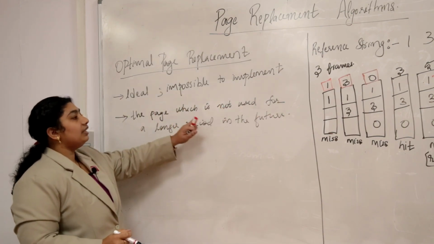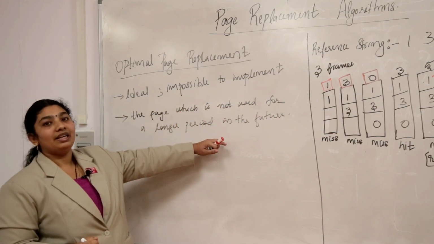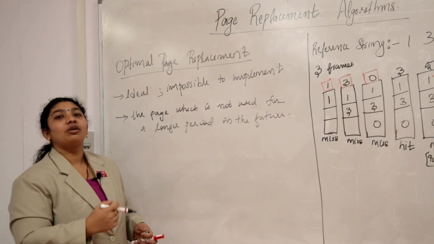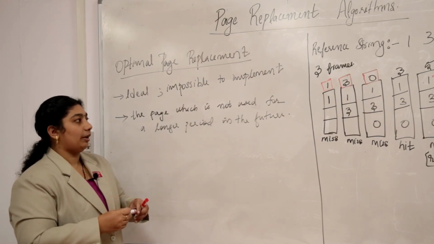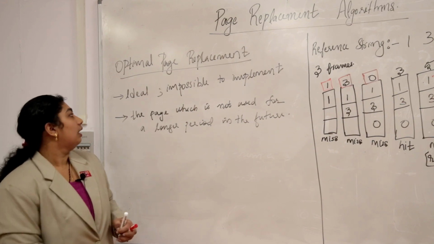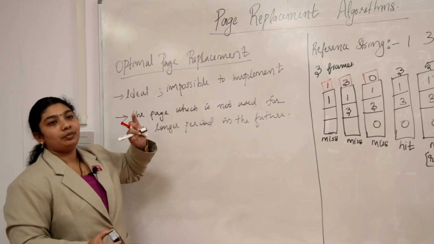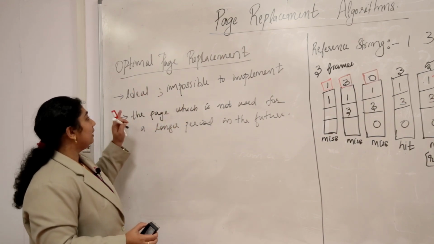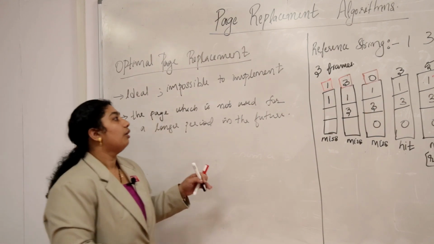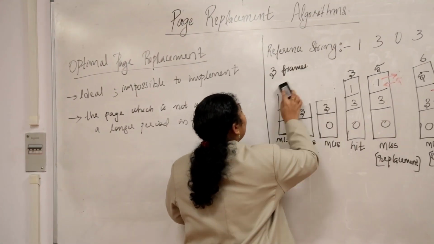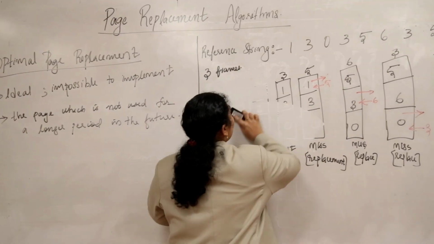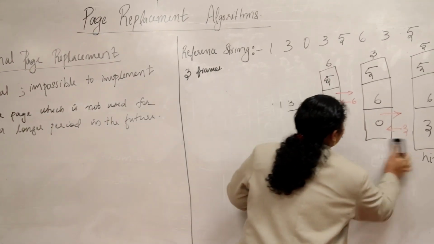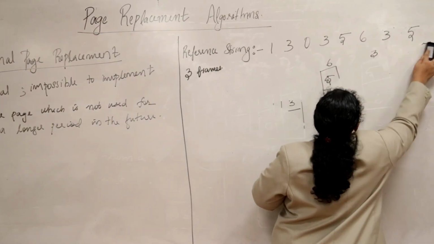So we cannot identify this page which will not be used in the future for a long time. So that is why it is impossible to implement, but theoretically it is a perfect algorithm for page replacement. So again we'll take the same example and see how optimal replacement algorithm works.